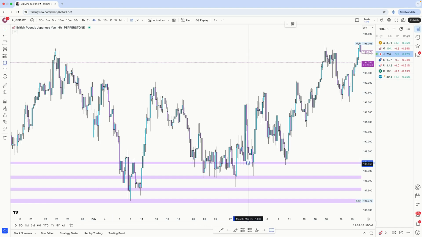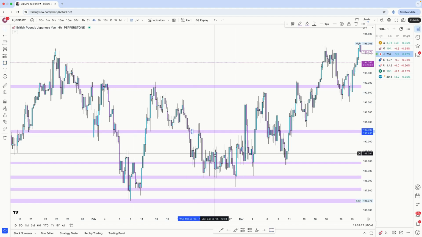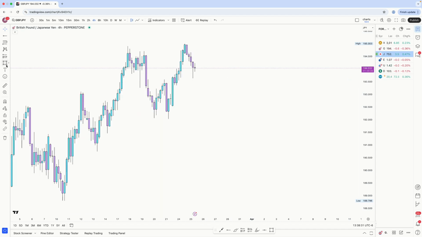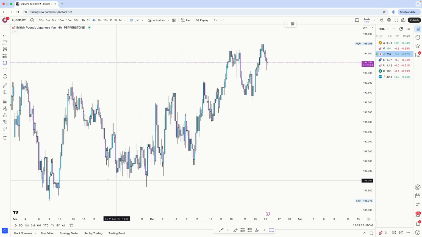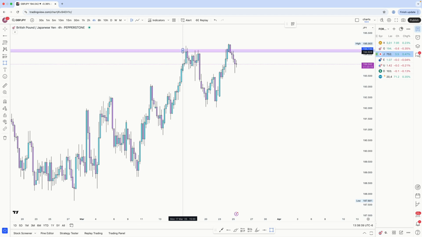So again, there's a lot we're working with here because of the fact that it ranged for a little bit. You don't have to draw too many. When you're back testing, I mean, practice as much as you want. But when we're actually focusing on the overall trend, the present trend of what's happening now, you don't need to have all these prices marked up down here. Just focus on where current price is at.